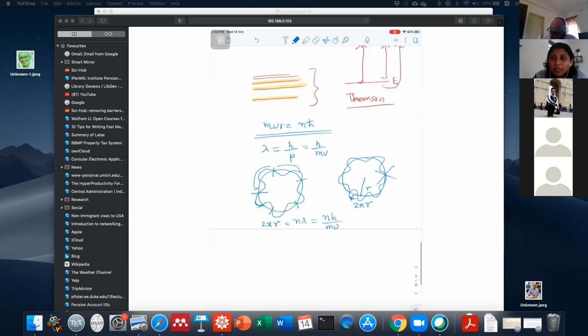If you rearrange, you will get mvr is equal to nh by 2 pi, which is equal to n h cross. That is the Bohr quantization condition, and this is the first problem that Aparna will talk about.